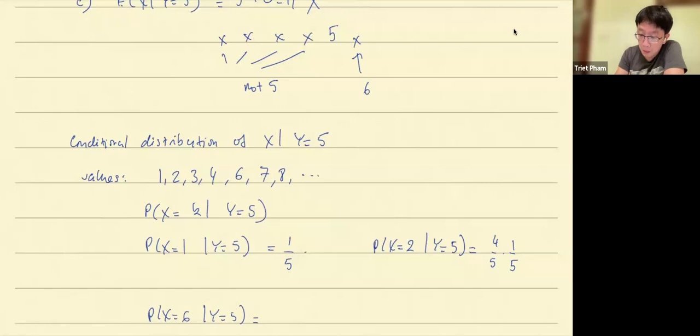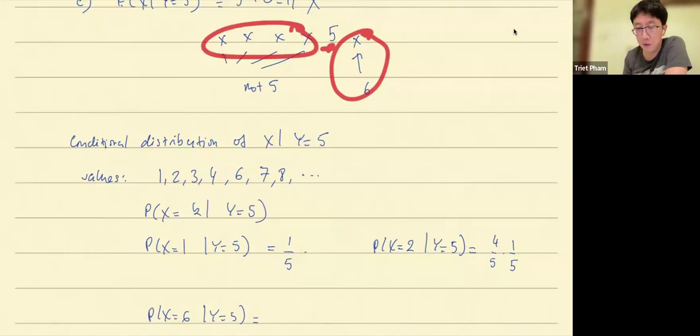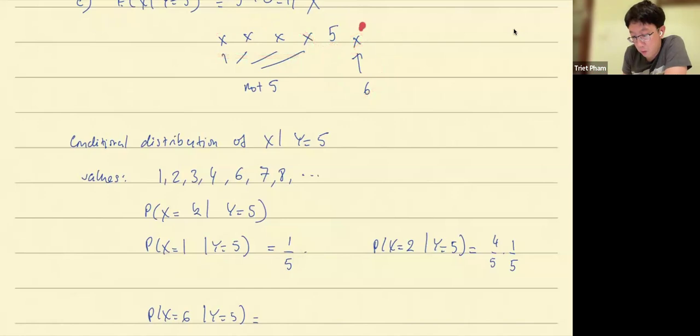But notice we don't have any restriction on the sixth toss, because it's beyond the 5. The first time you see a 5 is on the fifth toss, so we know the first 4 tosses cannot be a 5. But the sixth toss can be, for all we know, a 5, since it's not the first 5 that you see. So it becomes a regular dice again, if you want to call it that.